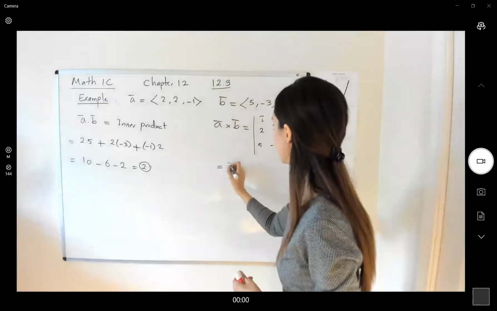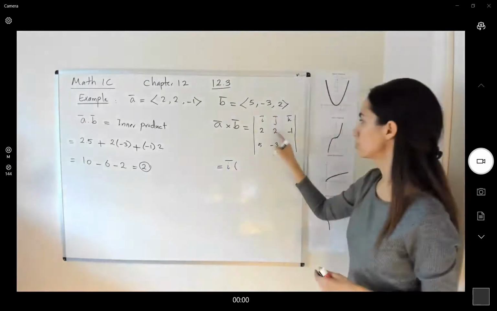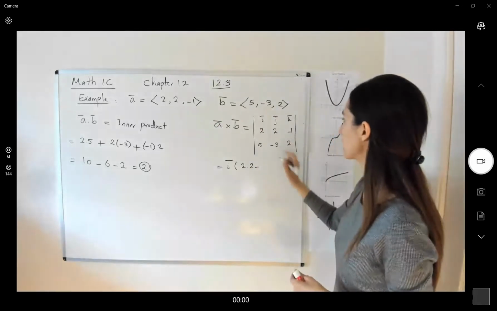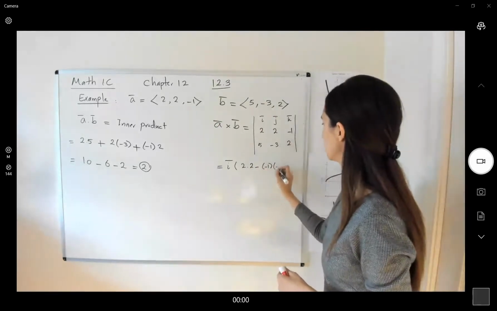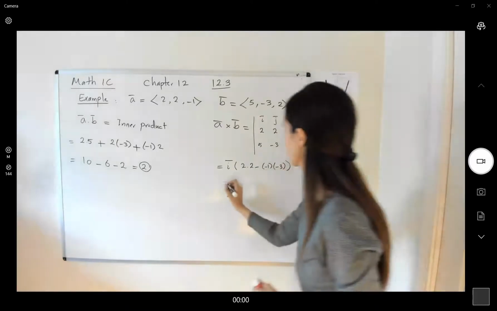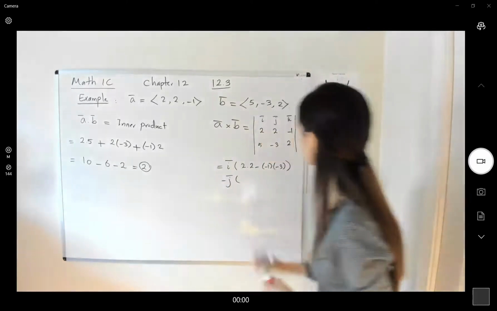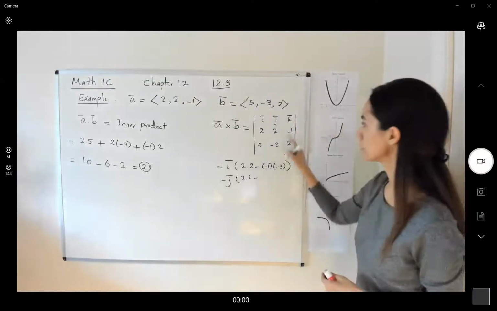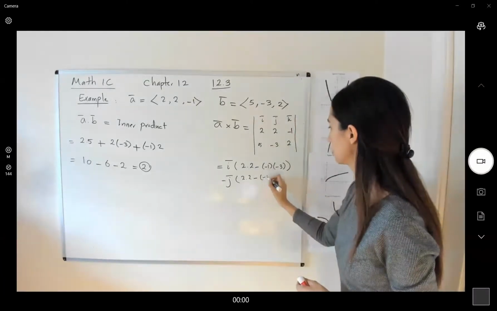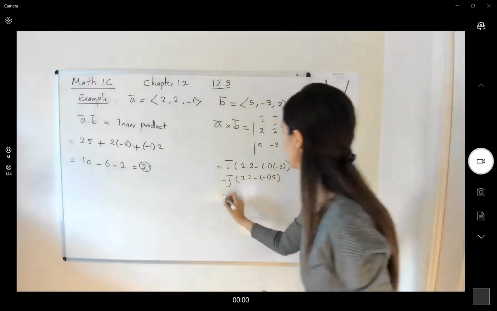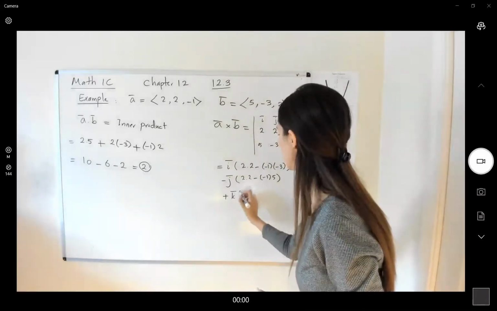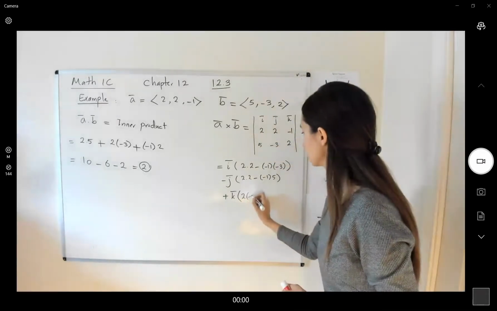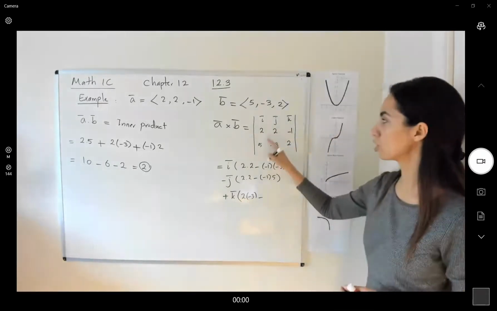This gives you i times (2 times 2 minus negative 1 times negative 3), minus j times (2 times 2 minus negative 1 times 5), plus k in the direction of the z-axis, 2 times negative 3 minus 2 times 5.